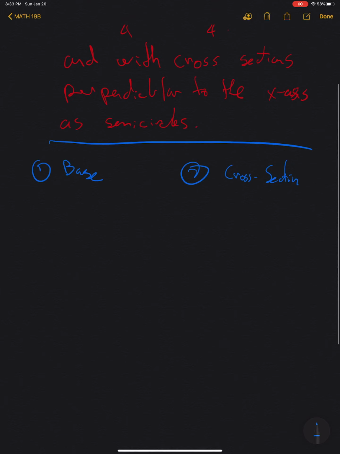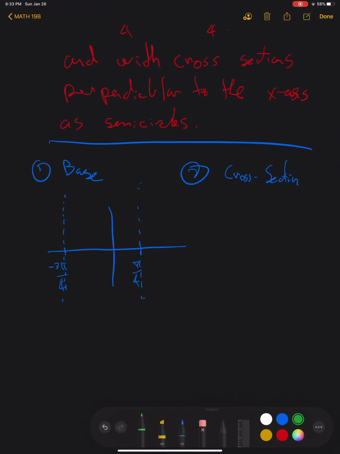So let me start first with the base. The base is going to be the region between negative 3 pi over 4 and pi over 4. So we have that the region is bounded by these two vertical lines, and between the graphs of cosine and sine. So this is going to look a little bit like this.